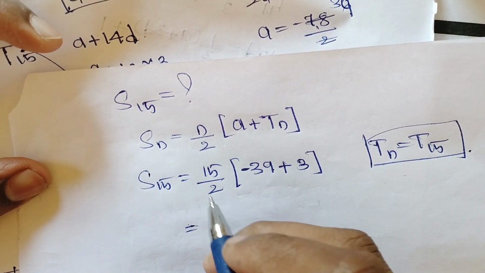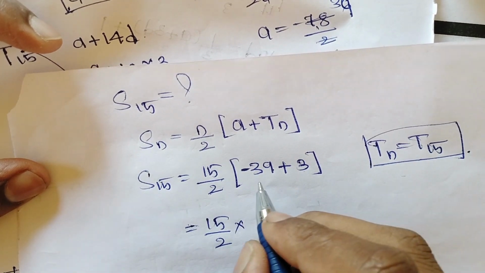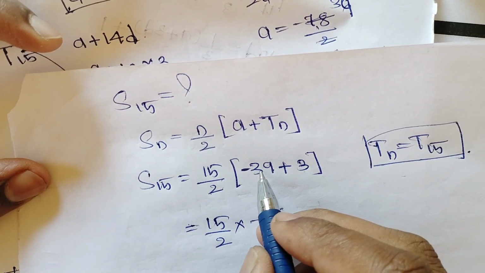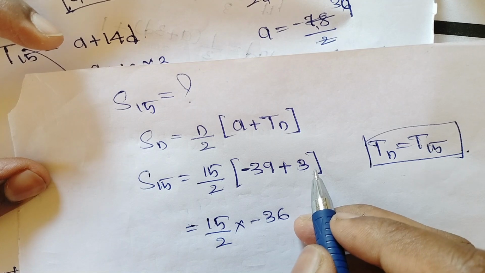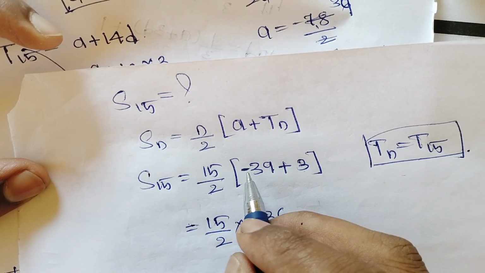So it means 15 by 2 multiplied by minus 36. Okay, minus 39 minus 3 is minus 36.